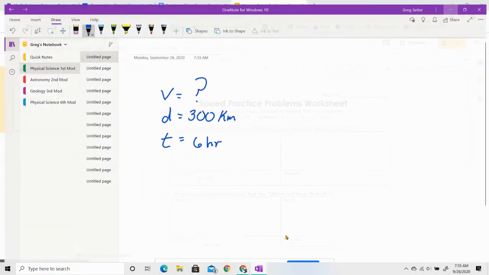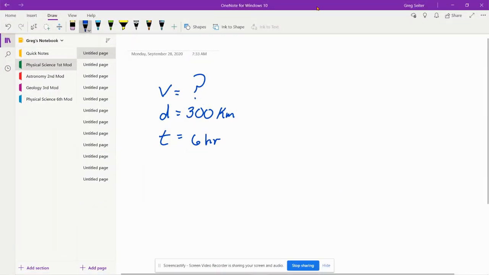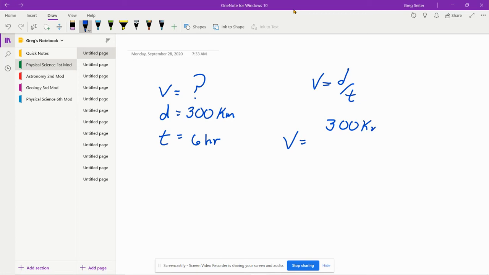All right. So V equals D divided by T. So V will equal 300 kilometers over 6 hours. Now notice this is a little bit different.